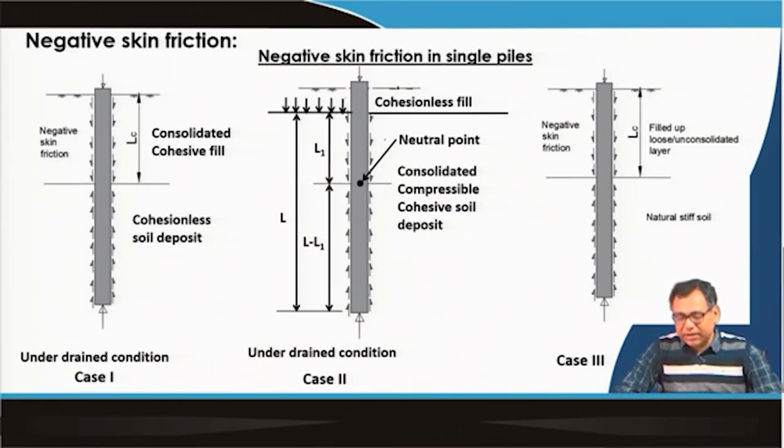And the third condition is that you can place cohesionless or cohesive fill over a stiff soil. So, these are the three conditions. Now, let me explain how we can calculate the negative skin friction for these three conditions.